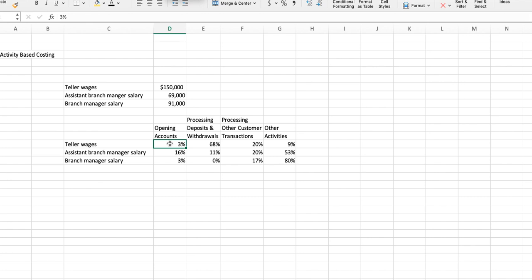Okay, so then through analysis, we determined that tellers spend 3% of their time opening accounts, 68% processing deposits and withdrawals, other customer transaction 20%, and other activities 9%. Now, to make sure we did this right, we want to make sure these all equal 100%.